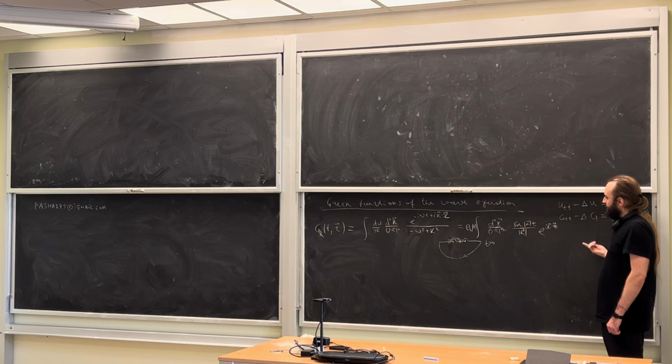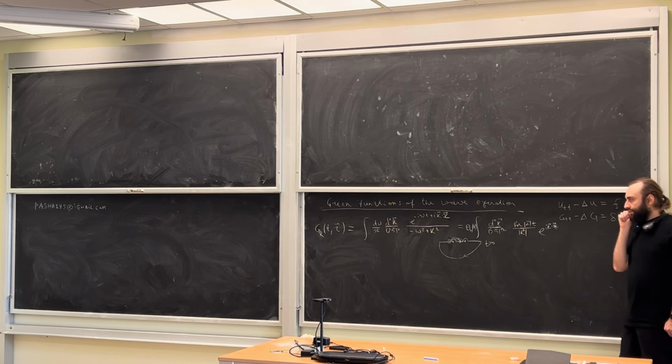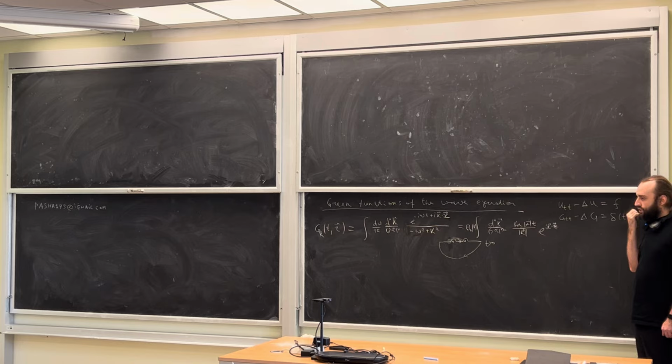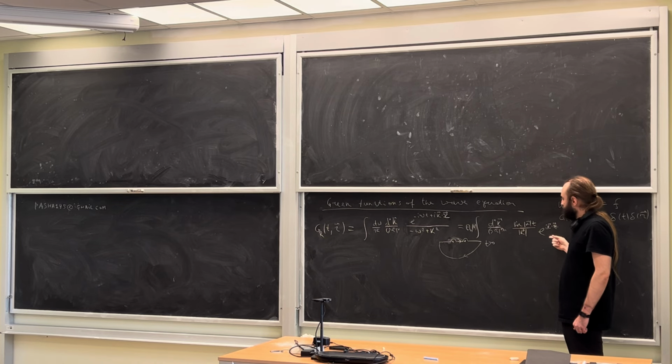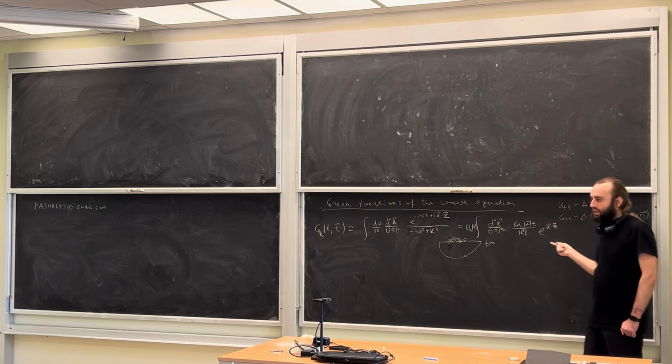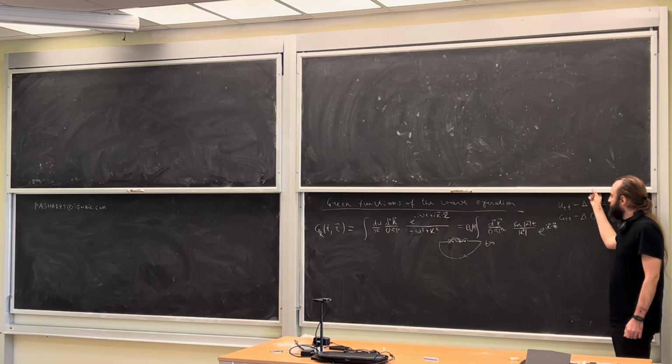So we have this integral, which is universal for all dimensions. But now, differently from many other equations, the dimensionality of the space-time matters, and this integral should be computed differently for different n, and the answers are also different.